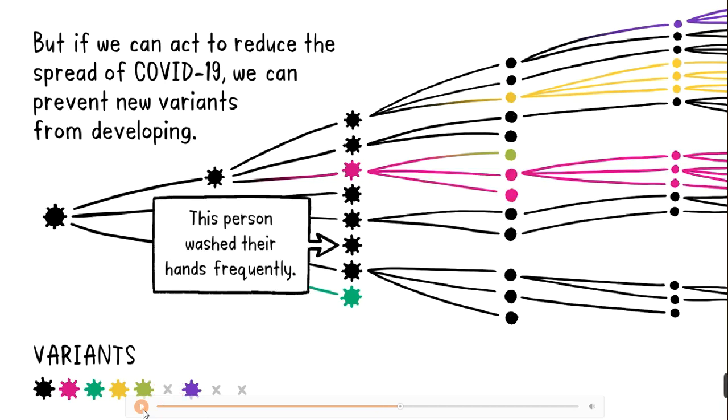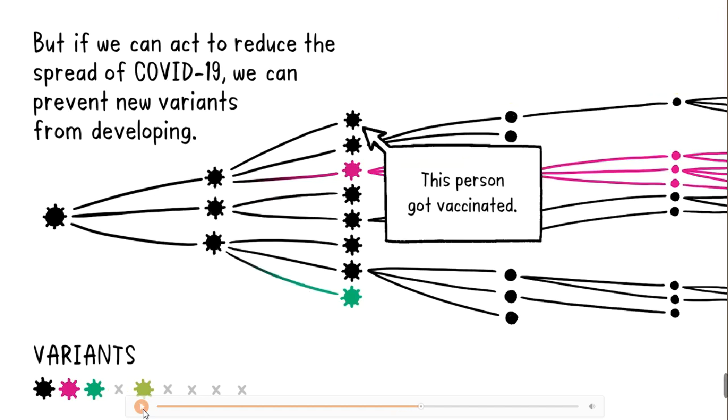If you wash your hands frequently, you can stop the spread of COVID-19 and the new variants as well. If you get vaccinated, you can stop the new emerging variants, because the virus comes into our body and goes to another person.